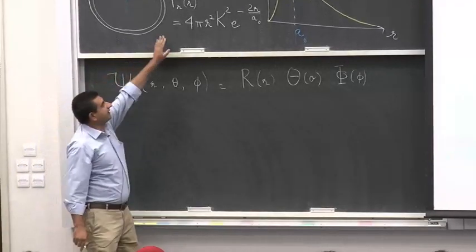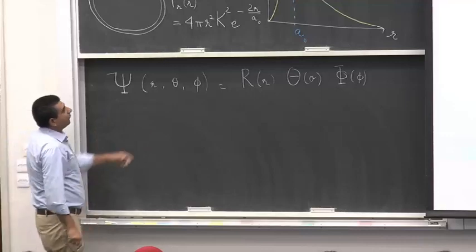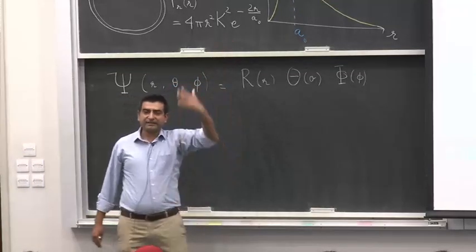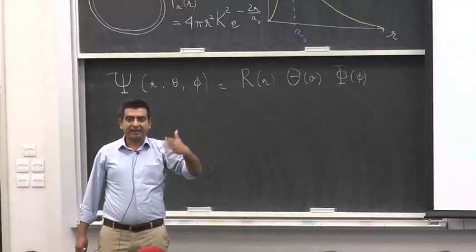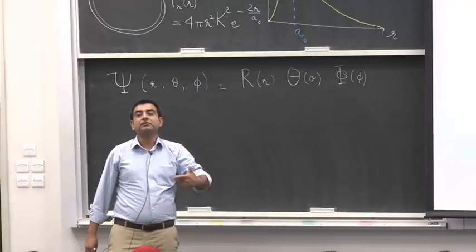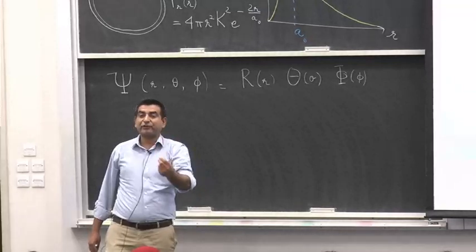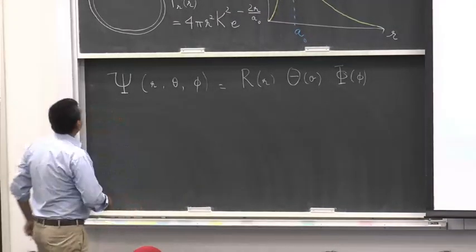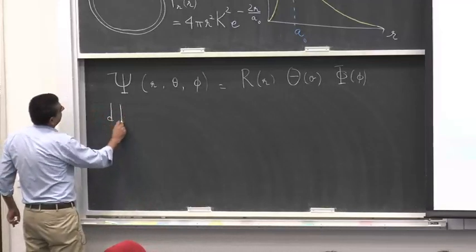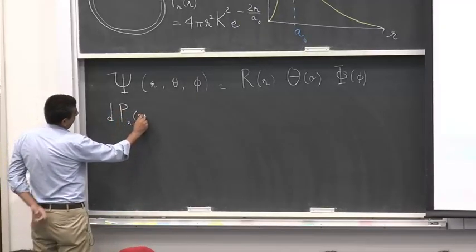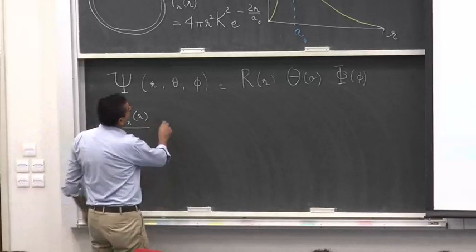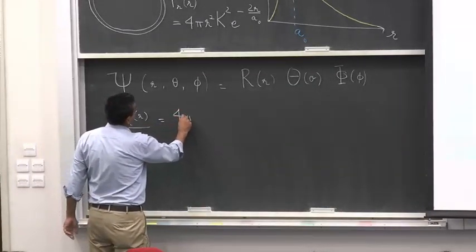So now if I take this function P(r), how would I find out where this function is maximized? I take the derivative with respect to r. So I want to find out the radius at which this function is maximized. So I take the derivative of the radial probability density as a function of r. Now 4 pi k squared is just a constant.